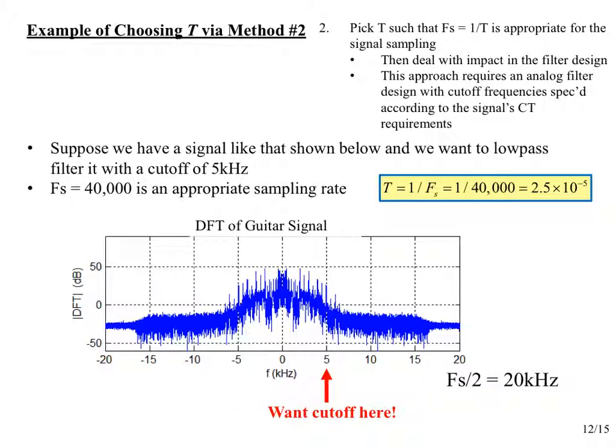But that will cause us to have to be a little more particular about the choice of our analog filter. Notice in method number 1, we just picked any old filter that kind of looked right. We didn't care whether it had a resonant peak that had anything to do with 5 kilohertz. That resonant peak could be anywhere, and we ended up mapping it in the discrete time to where we wanted it to be.